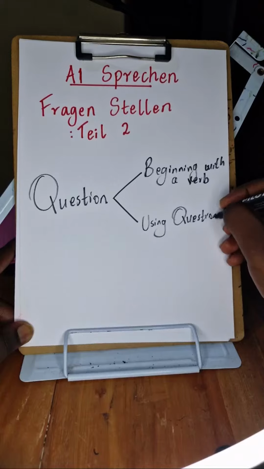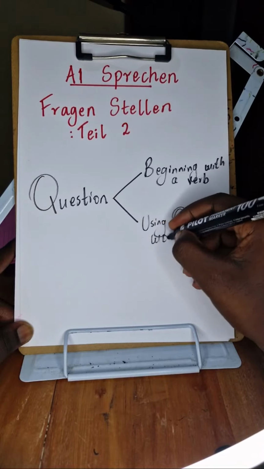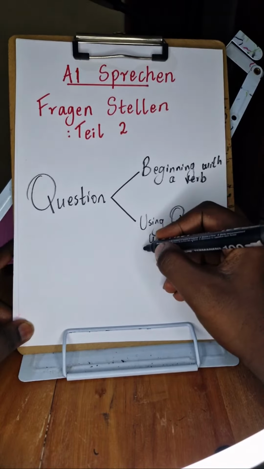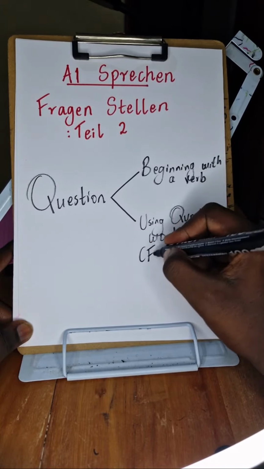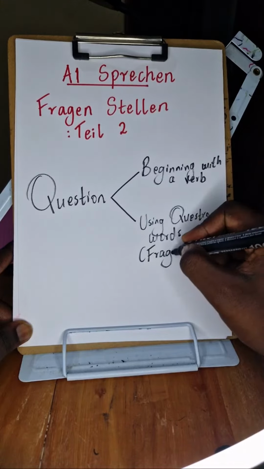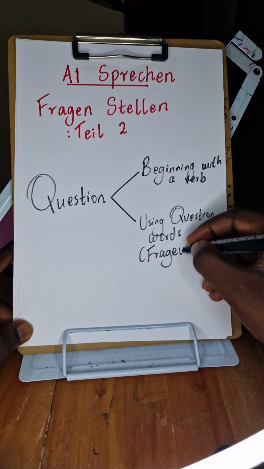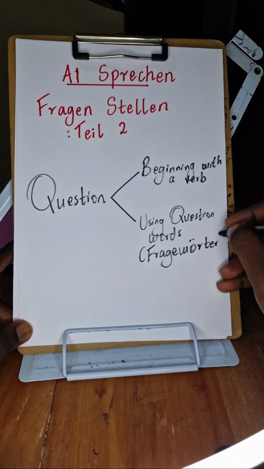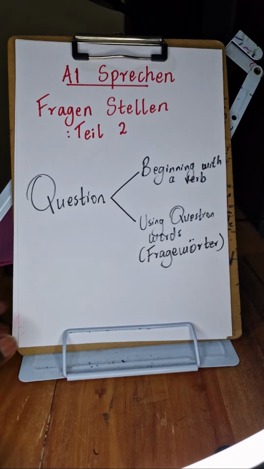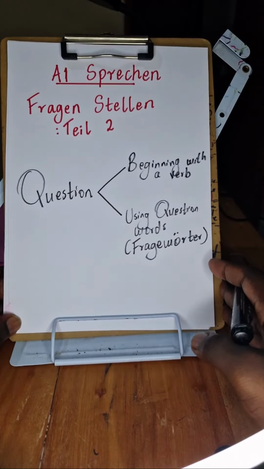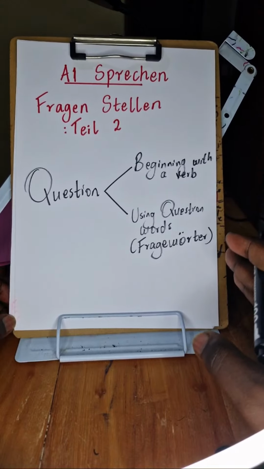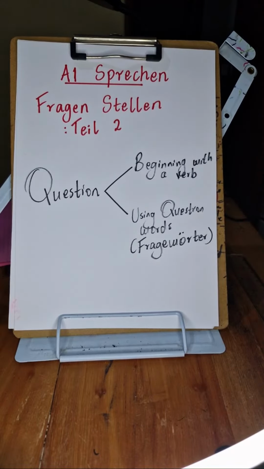By question words, I am referring to the ones we know as Frage Wörter. Frage Wörter, question words. These are the two types of questions that one will be expected to do in part number 2 of your A1 exam.